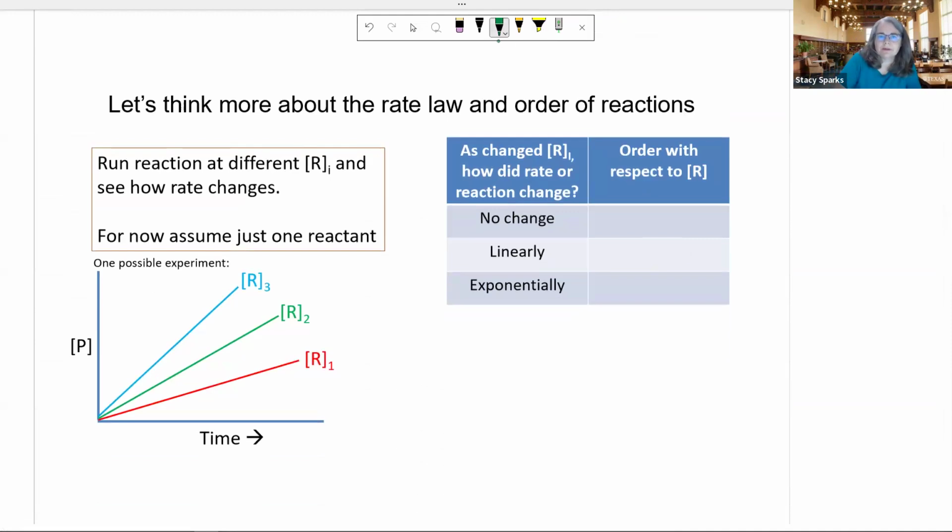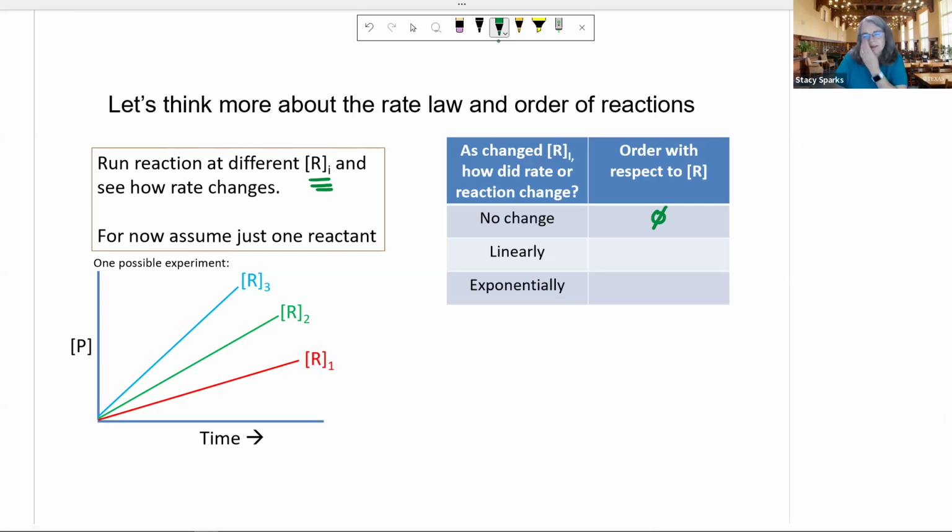If you run reactions with different initial concentrations, we can look and see how the rate changes. So for now, we're going to assume we have just one reactant. If we change the reactant concentration and we see no change, we're going to say that the order with respect to that reactant is 0, that the concentration of the reactant did not matter for the reaction rate.